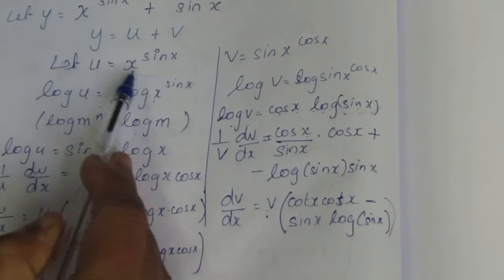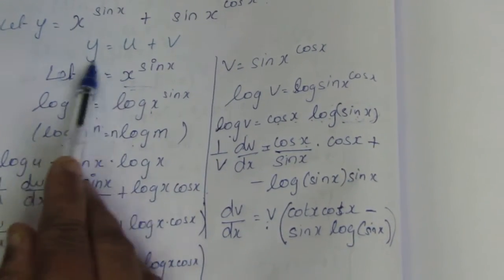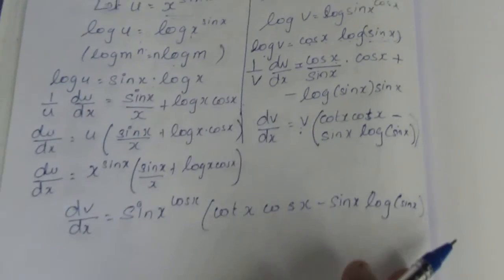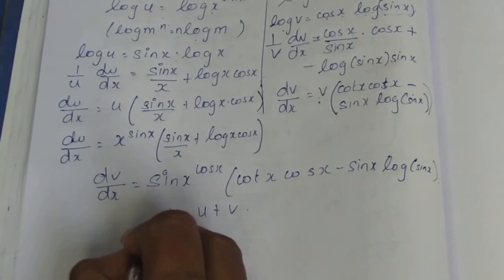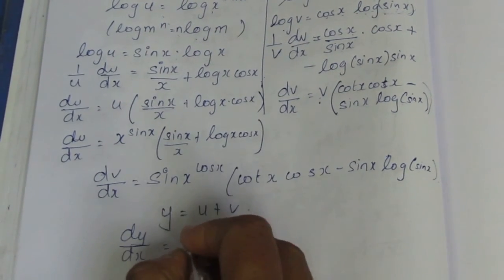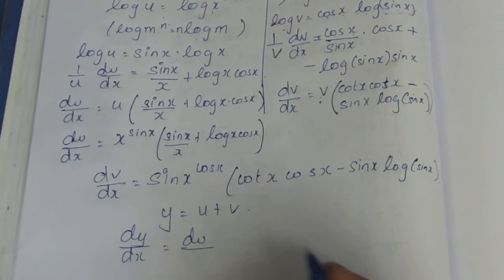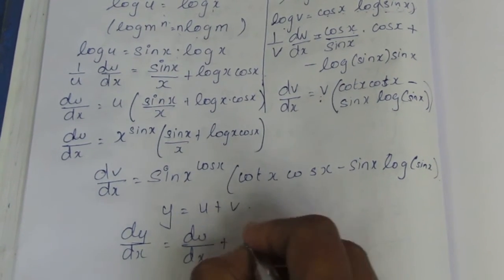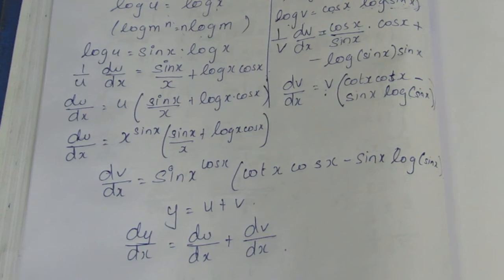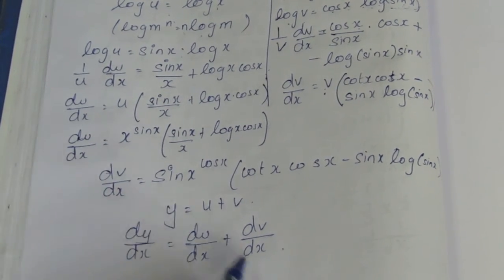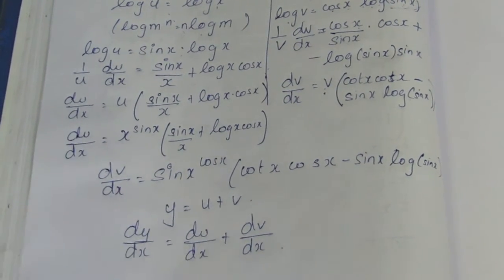We want dy by dx, so I need to differentiate this. Differentiating y is equal to u plus v, it becomes dy by dx is equal to du by dx plus dv by dx. Now substitute, we know the value of du by dx and we know the value of dv by dx. Just substitute the values here.